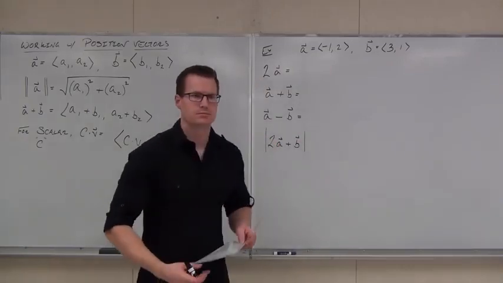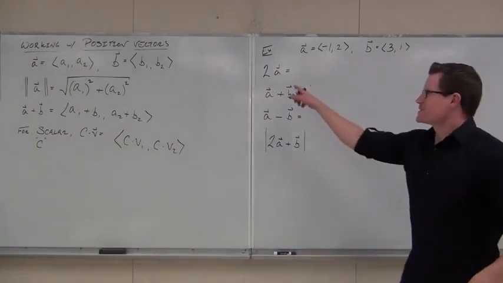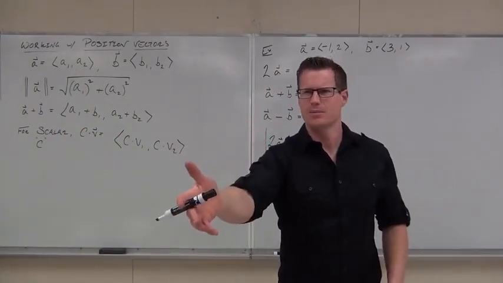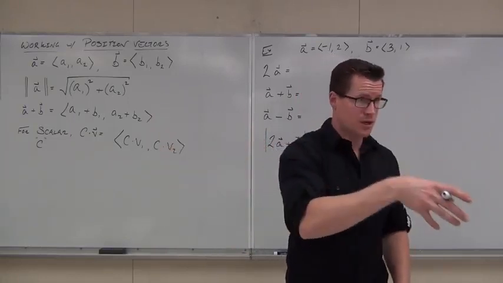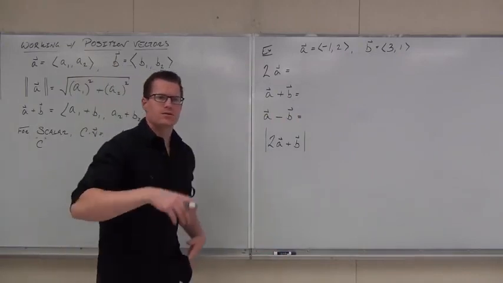Can we do it? Let's see. What's the number 2? What's that doing there? What would you call that if you had to say anything? That's a scalar, perfect. So the scalar 2 is just times the vector A, whatever that is. What do you think it's going to be?